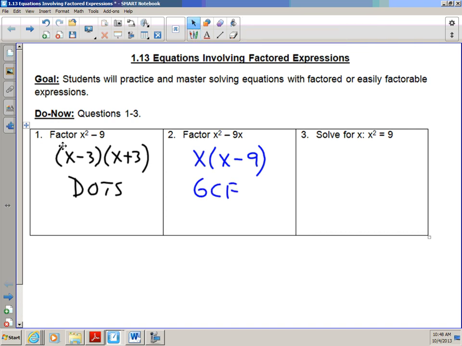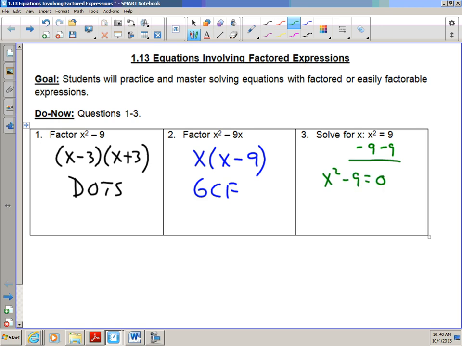Now, you'll notice the third do now is not a factoring problem per se, but it's asking you to solve an equation. You'll remember from yesterday's lesson the zero product property, which means anything times 0 is equal to 0, that to solve this type of equation, we want to set it equal to 0. So x squared minus 9 equals 0. Well, how would I solve that?